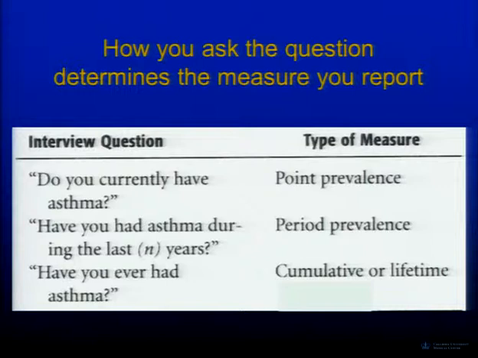But we could say during the last 5 years, how many of you have had asthma? So you can take any particular point or period of time that you want and use that. And then there's also cumulative or lifetime prevalence, where it's, have you ever had asthma? Whatever measure you see, make sure it matches with how they said they collected the data. It should be clear whether it is a point, period, or cumulative prevalence.